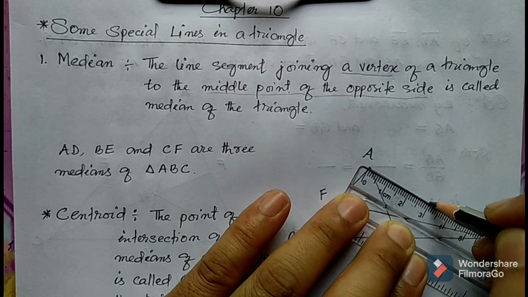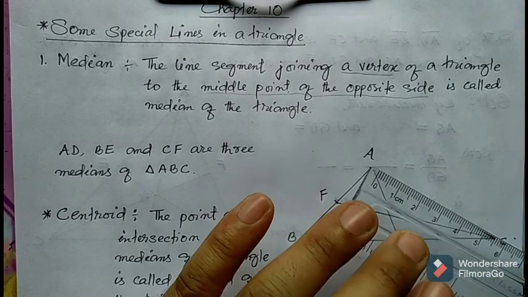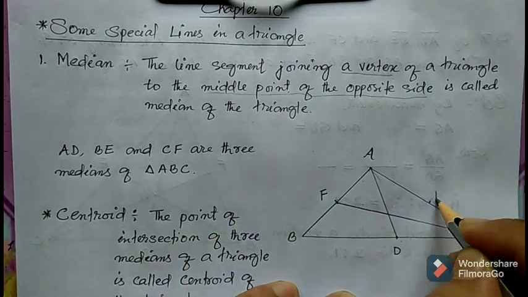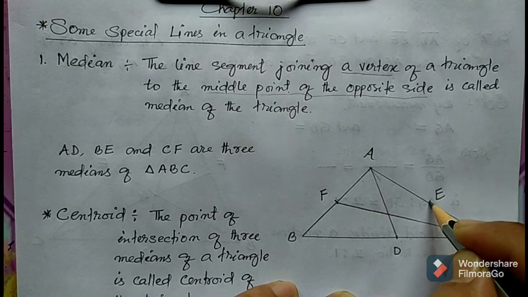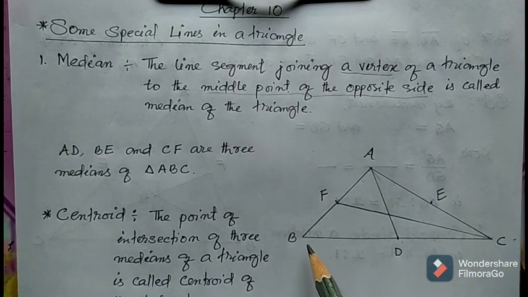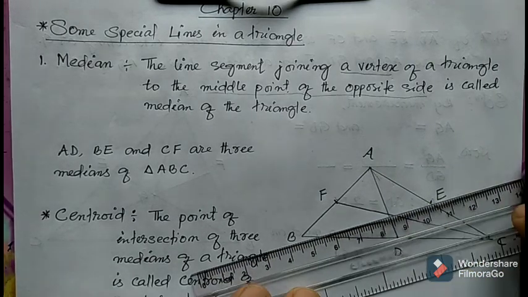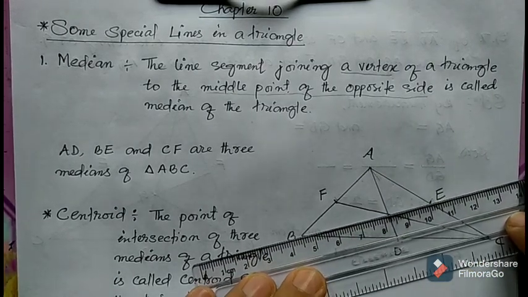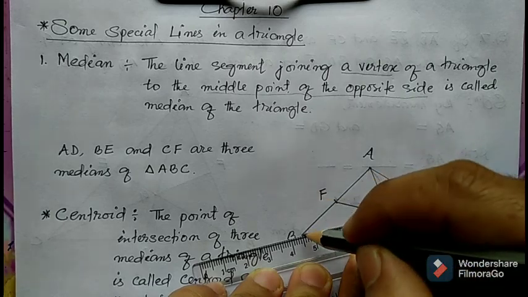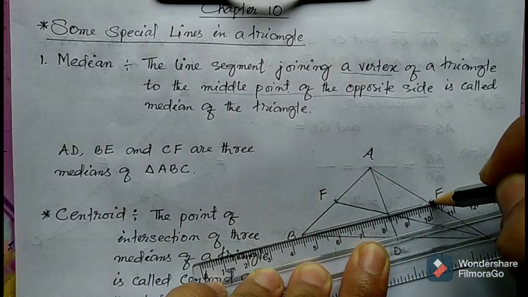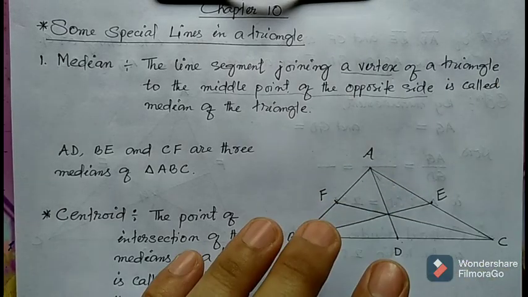So the center of 6 centimeter is at 3, and let's say this is point E. Now let's join vertex B and the midpoint of its opposite side AC, that is point E. Joining them, we get another line segment, which is also a median.